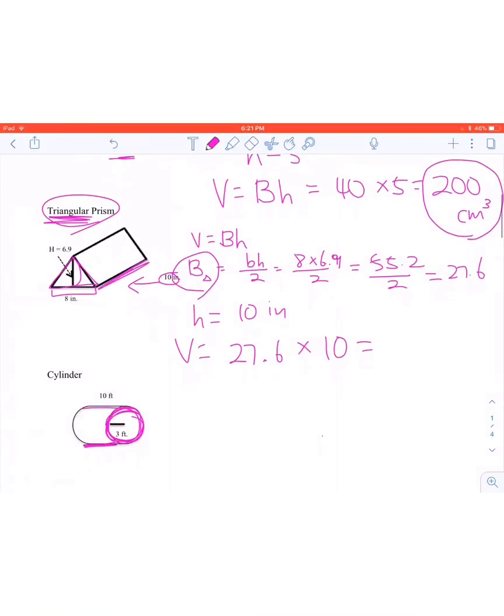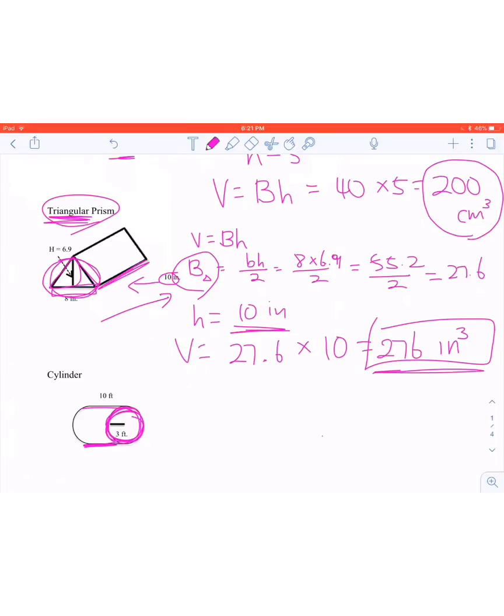So the volume of this triangular prism is 276 cubic inches. Notice how the first step was I found the area of the base. So I found the area of the triangle, then multiplied by the height to find my volume.